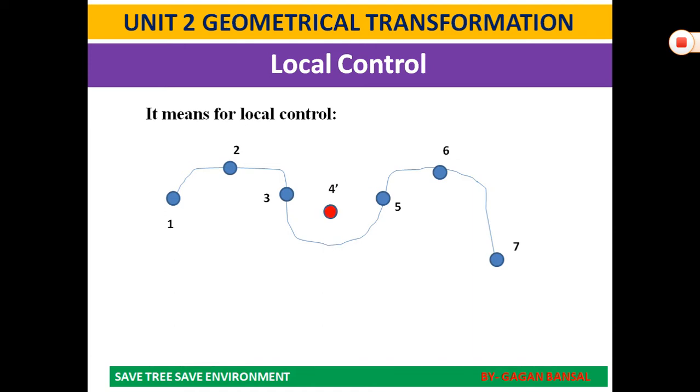So what does local control mean? It says that only the control point 4 is changed, that is, after 3 the curve will follow 4 dash, then 5, and the rest of the curve remains the same. That is known as local control. It is very effective in most design sections.